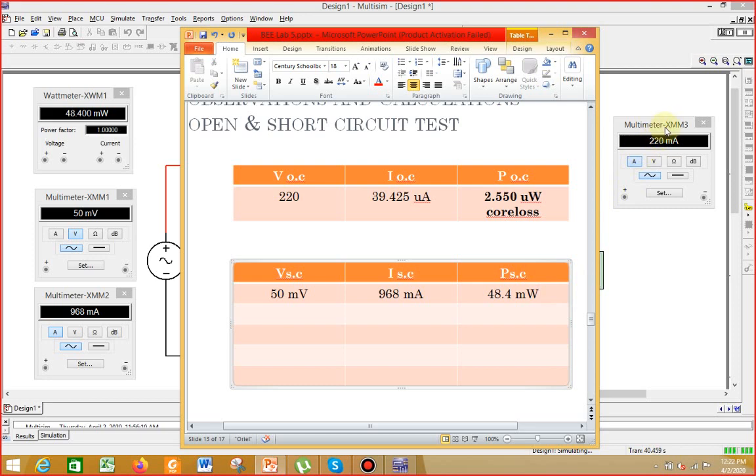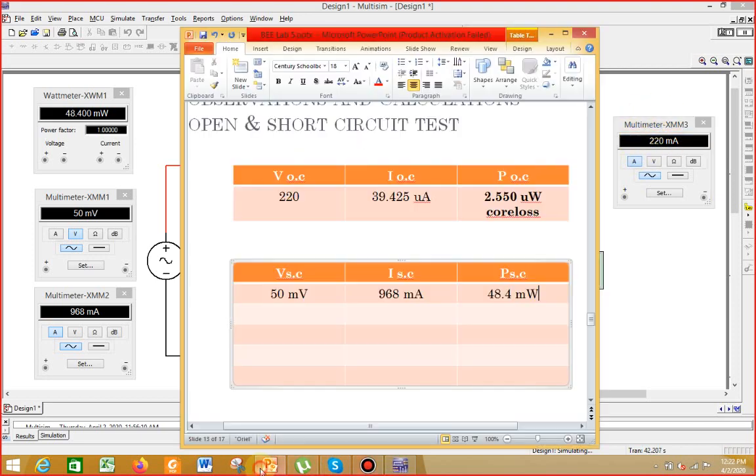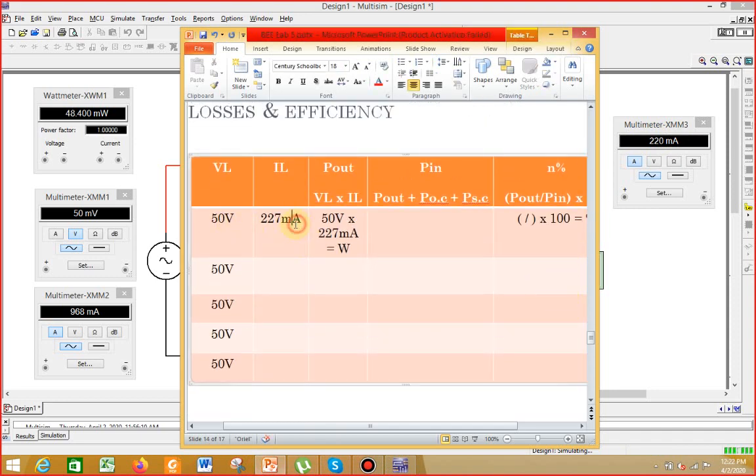And the reading over here, which is on the secondary, we are going to enter as the load current. So here it is 220 milliamps, and this 50 volts and 220 milliamps will make your output power.